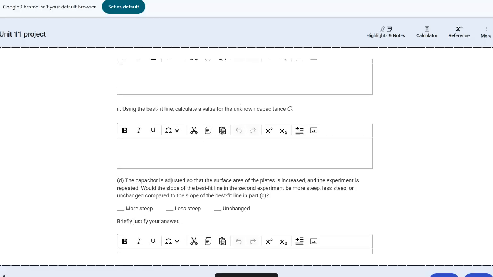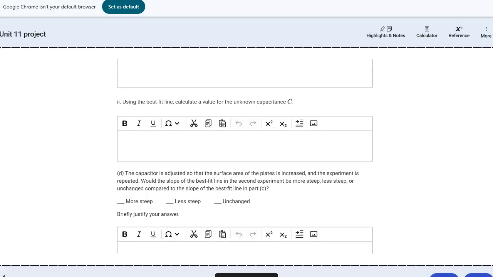It should be less steep because you're going to get a larger area, and that would mean a larger capacitance. A larger capacitance would mean a larger RC, and that's a smaller slope.